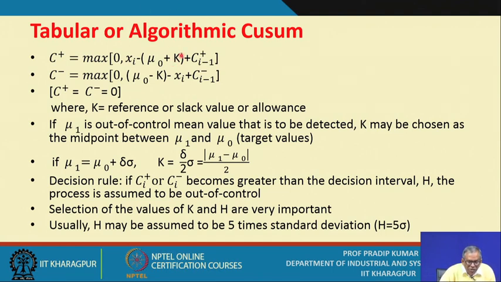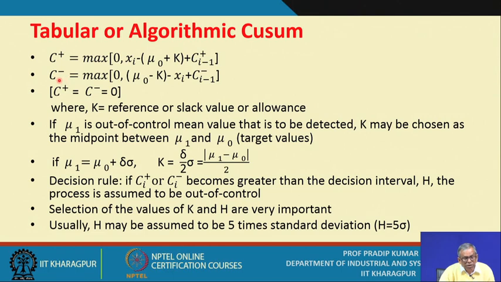So this k is essentially the allowance that you have to specify, and this is for the ith one. So this is C plus i, and this is related to C plus i minus 1. The subscript will be i.